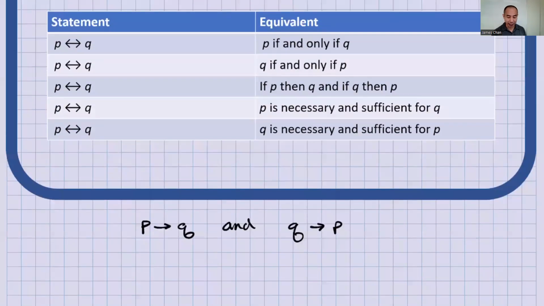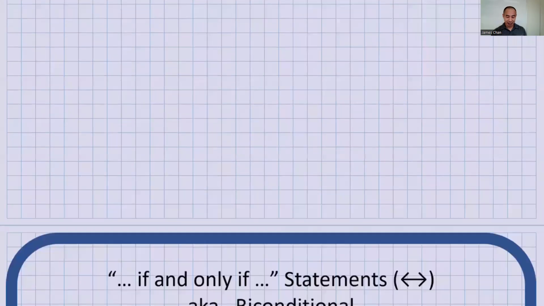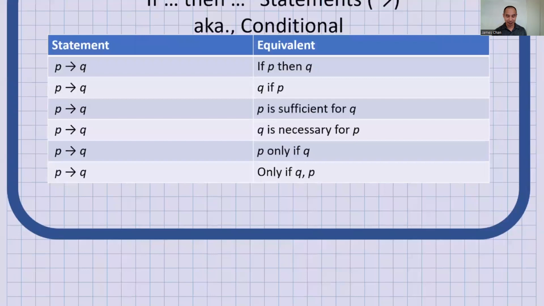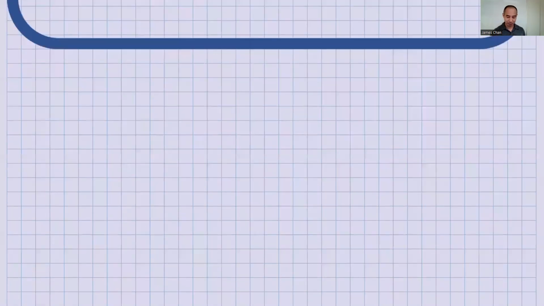So if you look at these right here, P is necessary and sufficient for Q. Q is necessary and sufficient for P. It's going both ways. So notice that it's using necessary and sufficient. And up here, there is only necessary or sufficient, not both. Right?